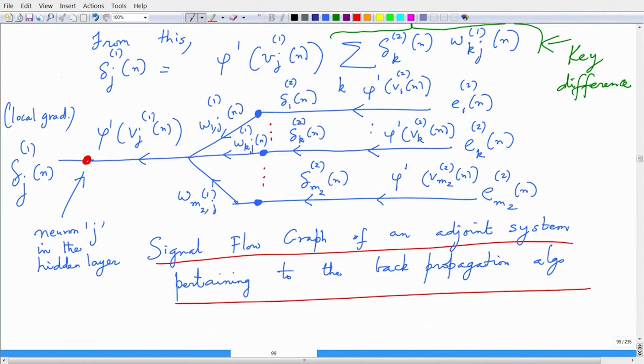So the local gradient in the hidden layer for the jth neuron is the derivative of the activation function evaluated at the local reception field, that is the jth neuron in the hidden layer, times this summation of the product of two terms that happen to be the synaptic weight connecting the output neuron k with the hidden neuron j times the local gradient of the output neuron k in layer 2, that is, the output layer means it is layer 2, right. This is given by this equation here. This is important.